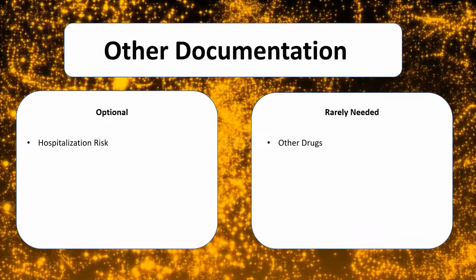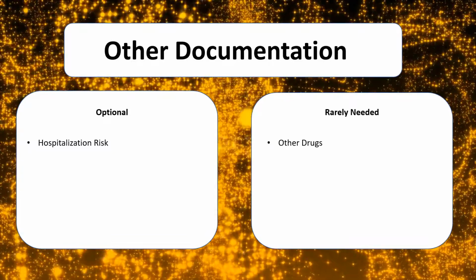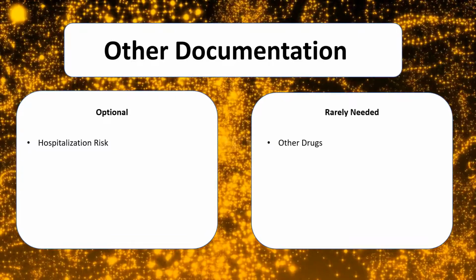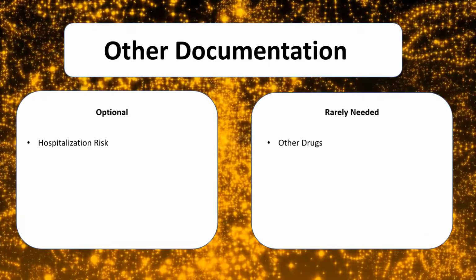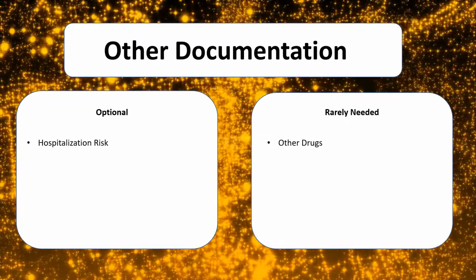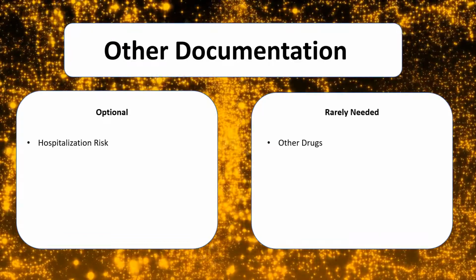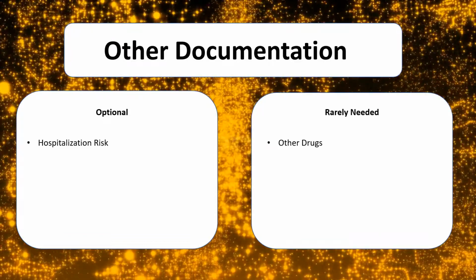The hospitalization risk is something that is almost never asked for on an authorization. However, it can be helpful on appeal. The medicine is generally, in the grand scheme of things, not that expensive compared to hospitalization.